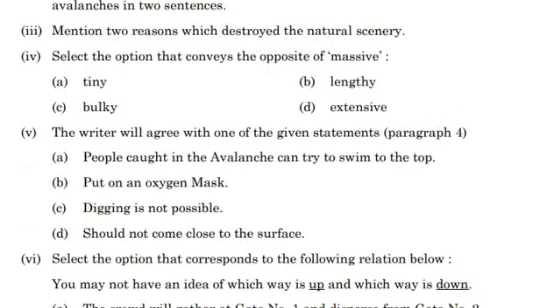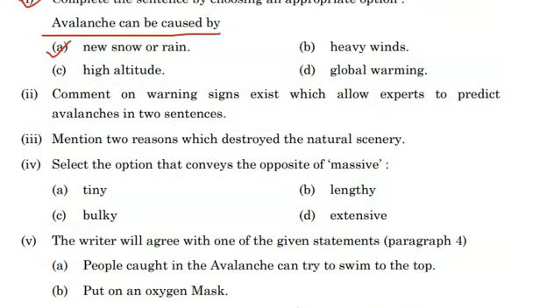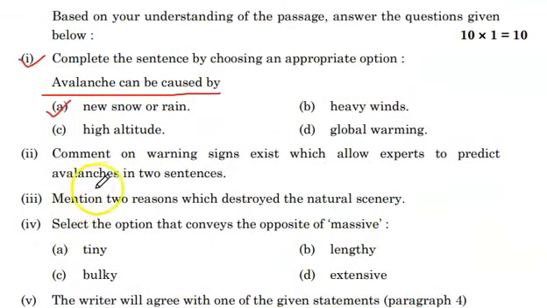Second question, you see here, question number 2. Comment on warning signs that exist which allow experts to predict avalanches in 2 sentences. In simple words, this question is asking you to write something about the warning signs.